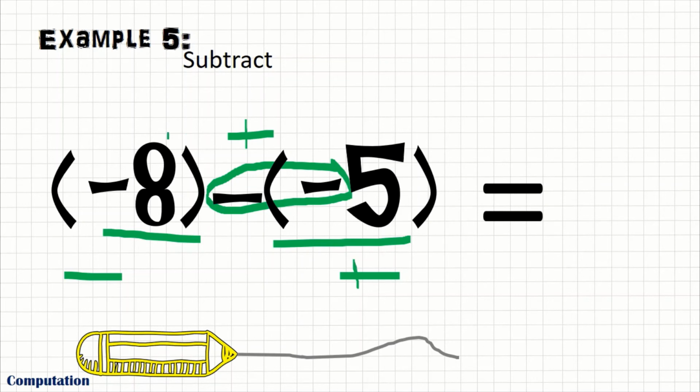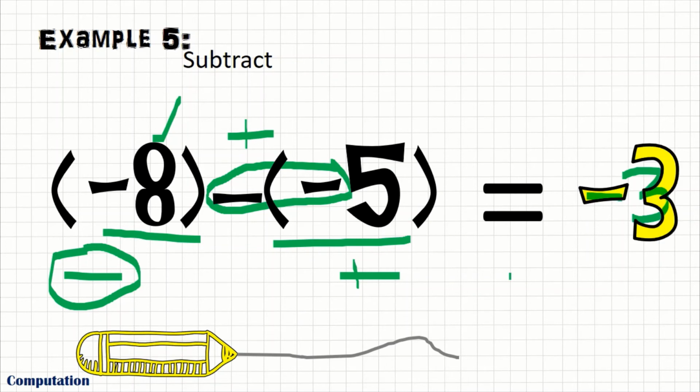And, i-minus natin yung dalawang number. So, 8 minus 5 is equal to 3. And then, kopyahin natin yung sign ng pinakamataas na number. Ang pinakamataas na number sa 8 and 5, of course, is 8. Kunin mo yung sign niya. So, therefore, we have negative. The final answer, negative 3.